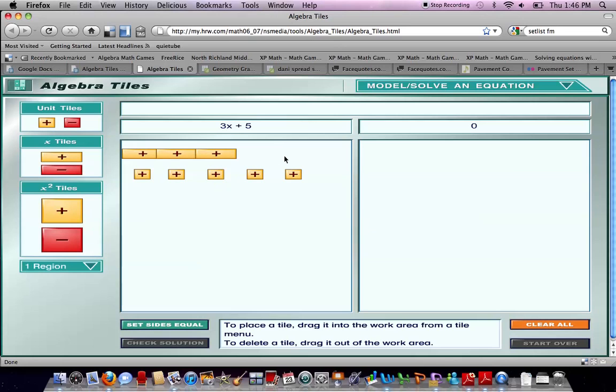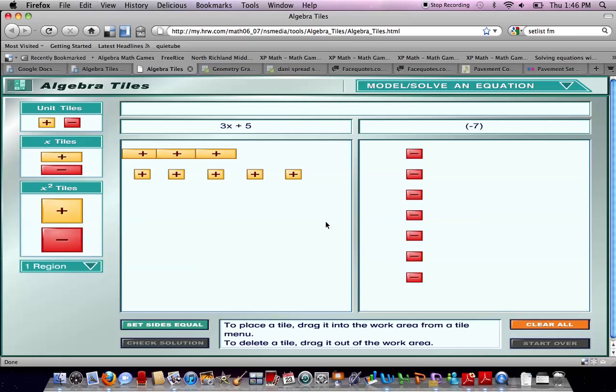Okay, so on this side I do have 3x plus 5, and I can see that there. And on the other side I have negative 7. Now I have to pull 7 negatives over here. Okay, awesome. 1, 2, 3, 4, 5, 6, 7.